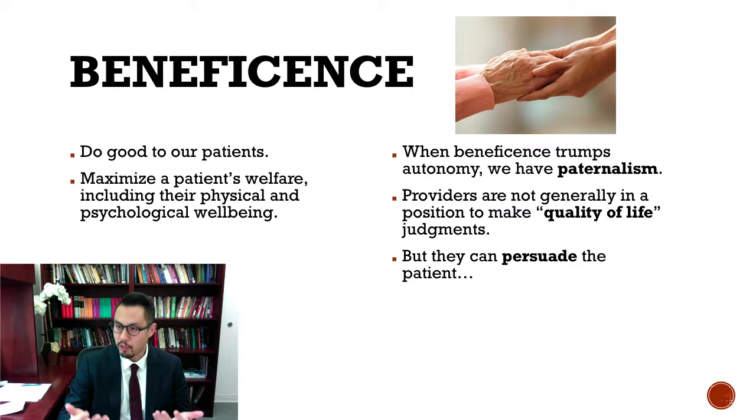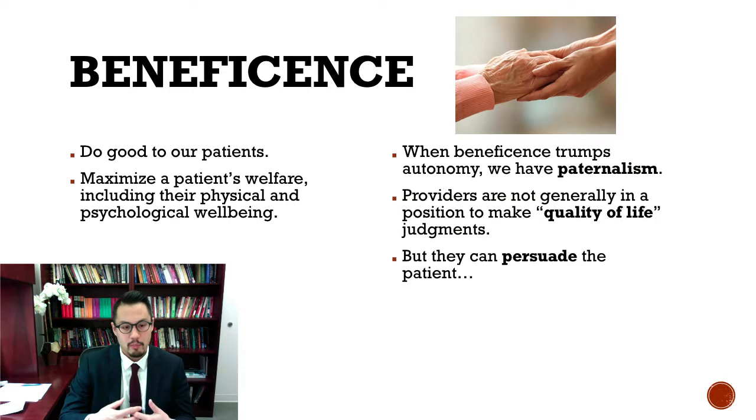In medicine, it is generally assumed that the patient should make decisions about treatment options and interventions because the patient is the one who will bear the consequences. So providers are not generally in a position to make what is called quality of life judgments. We do not get to decide what makes another person's life worth living.